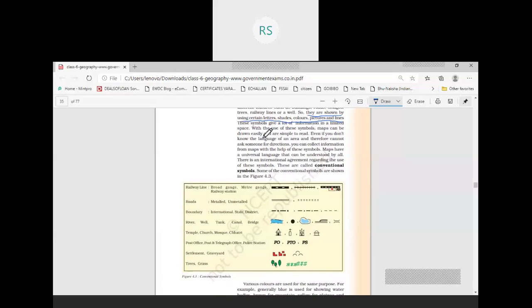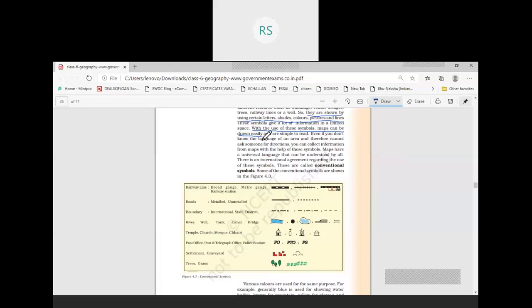What are the uses of symbols? When we use symbols, it is easy for us to draw a map. Everyone may not be very good at drawing. If you have to draw the picture of a building, everyone will not be able to draw it properly.